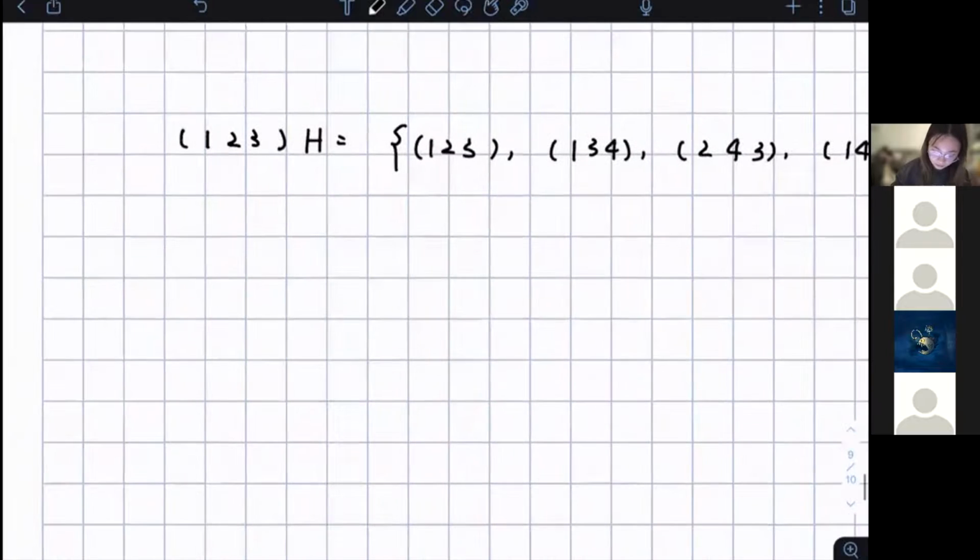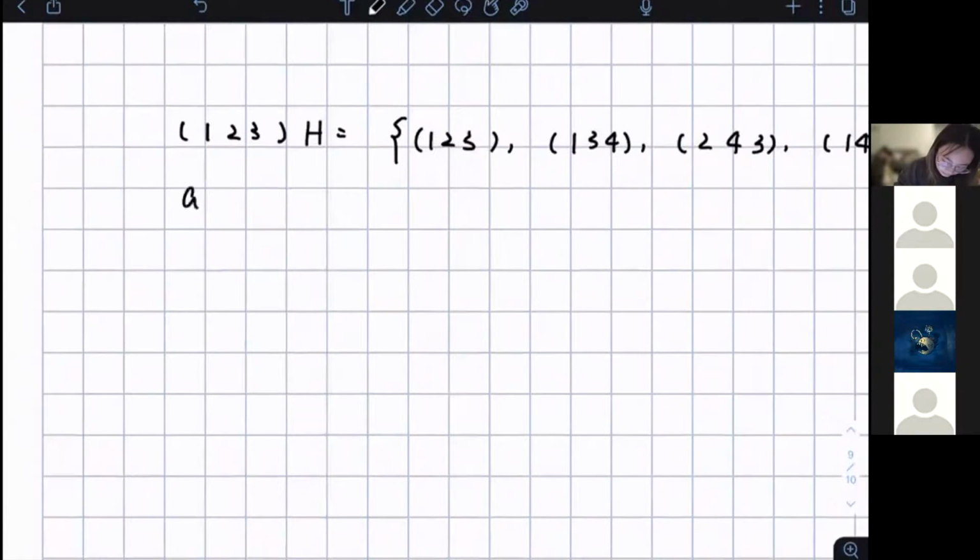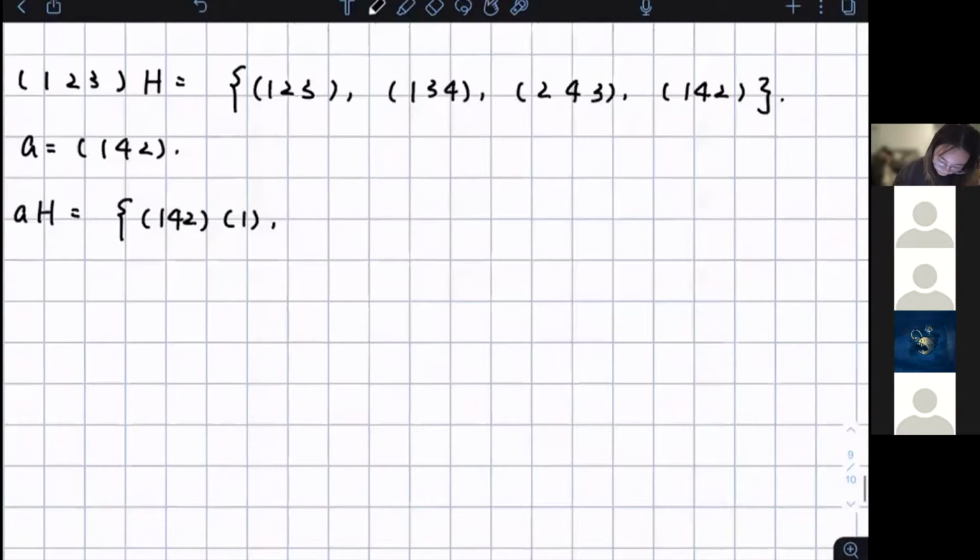So when A equals the set (1 4 2), the left coset AH is then (1 4 2) attached to each element in the subgroup H.